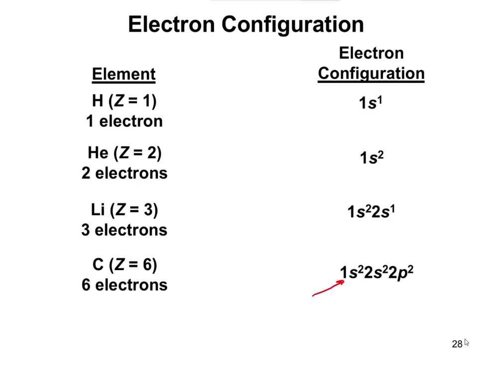That number 1 refers to the shell, and that number 2 would refer to the shell, and that 2 refers to the shell. The s and the p, those are going to be the subshell. So the subshell refers to that s or that p.